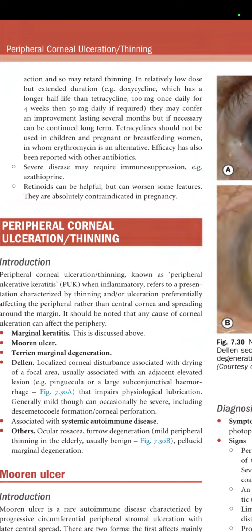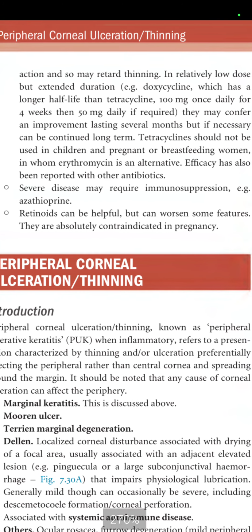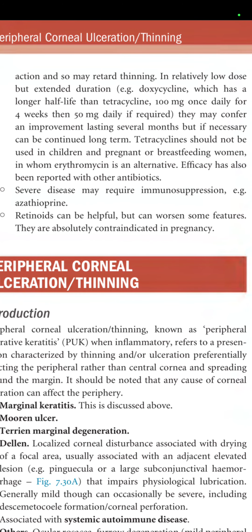For example, doxycycline, which has a longer half-life than tetracycline, 100 mg once daily for 4 weeks, then 50 mg daily if required. They may confer an improvement lasting several months, but if necessary can be continued long term. Tetracycline should not be used in children and pregnant or breastfeeding women, in whom erythromycin is an alternative.